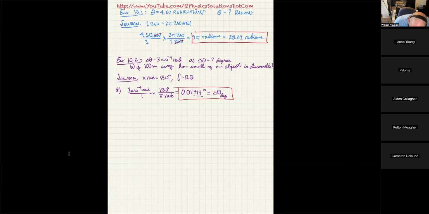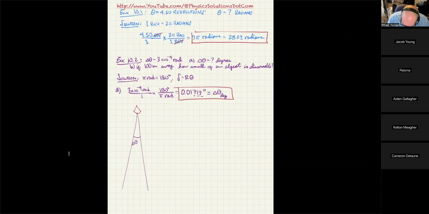Well, what you want to realize is if you have a bird flying and they look down, okay, then what's going on is this bird is looking, and this angle right here is delta theta.